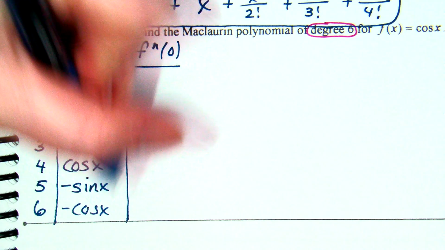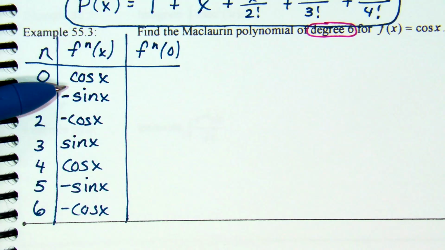We can keep going, but that's all we need because it asks us for degree 6. Have you guys figured out that when you're doing derivatives of cosine and sine, they go in a pattern of 4? Once you do 4 of them, you go back to the original. Your 4th derivative takes you back to the original function.